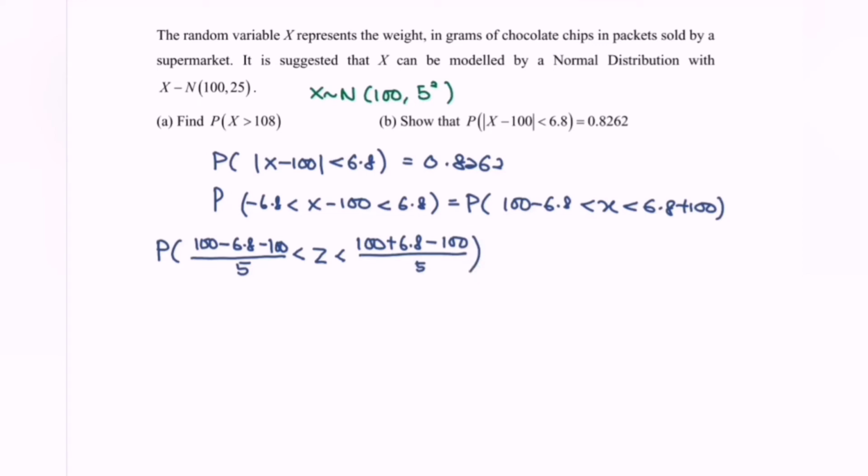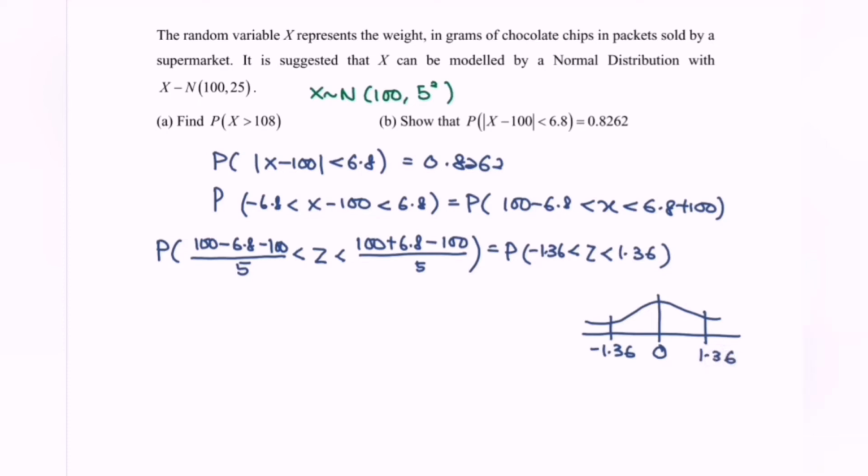If we simplify the situation, we have the probability that z is greater than negative 1.36 and less than 1.36. Kindly refer to the diagram. Locate the values z, negative 1.36 and 1.36. Referring to the question, shade the region.